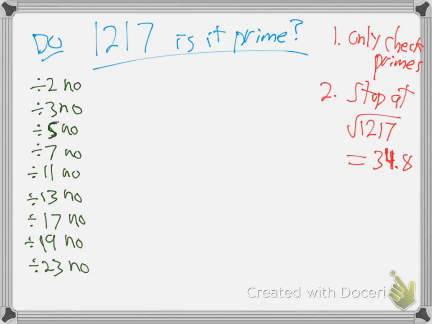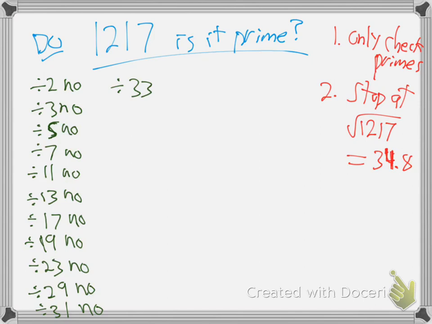No. Don't need to check 25, 27. 29. No. 31 is a no.